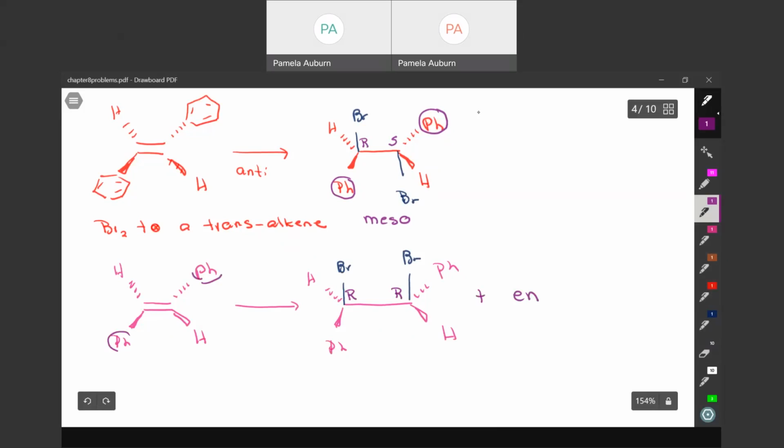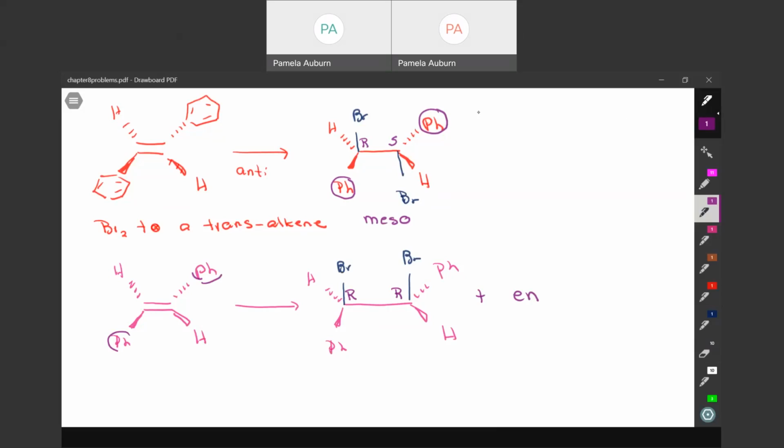Now the two enantiomers have exactly the same chemical properties, but the relationship between the enantiomers and the meso compound is that they are diastereomers. So when we do this reaction, we can tell which we got simply by melting point. Because they're diastereomers, they have different melting points. They also would have other different properties, but the easiest one to access is melting point.